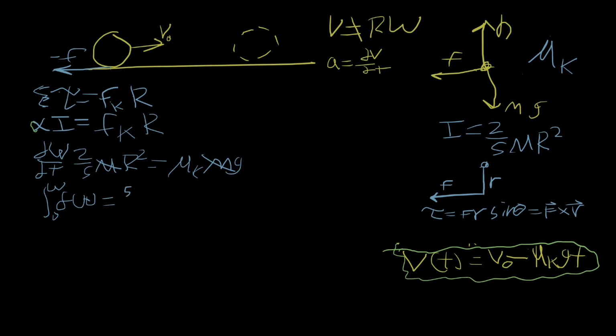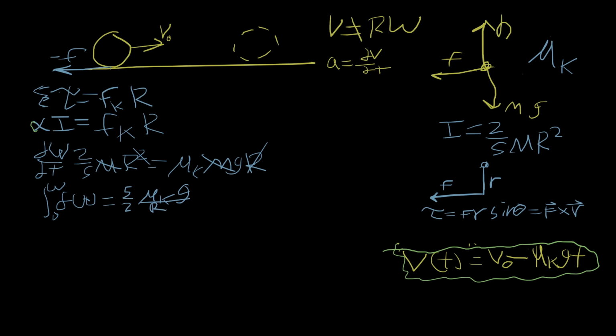5 over 2, and then we're going to have our friction coefficient k times g, and then I think we forgot the r on this end here. That's what I was thinking about. So we have one r, which is going to go on the bottom.